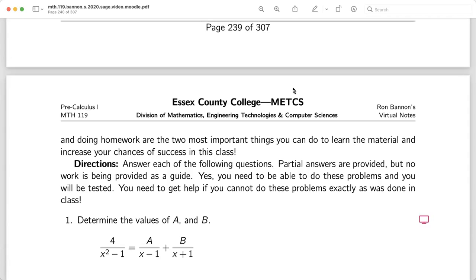It's really important that you start working on this stuff. Let me switch screens on you. Okay, we're going to start doing the problems if I can. I don't think I switched yet.